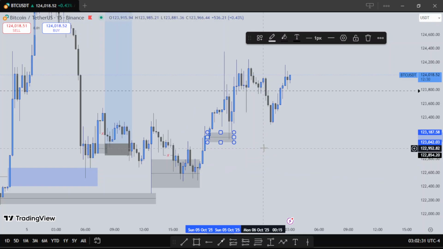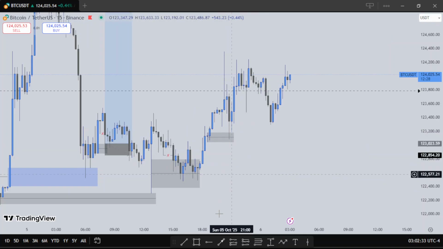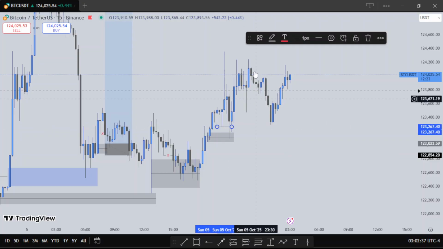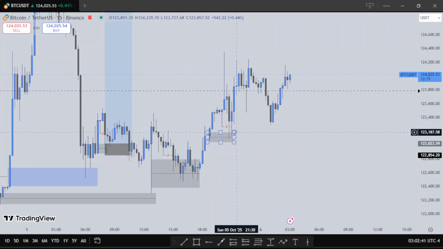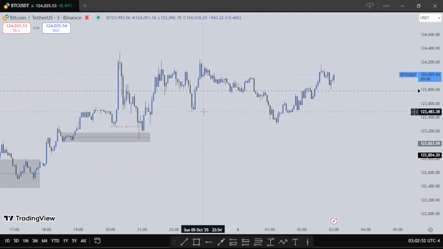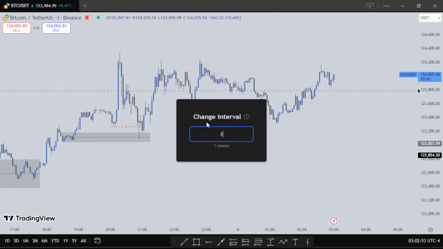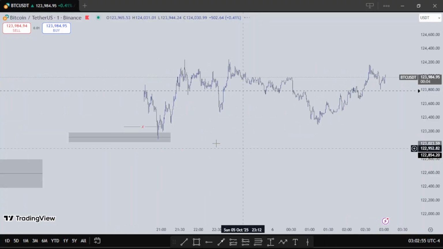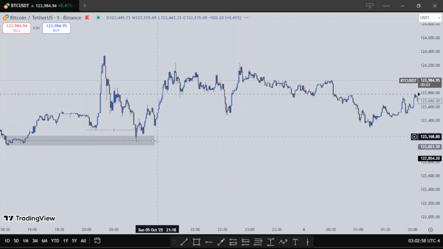So this was another entry that I missed out. I slipped by then. I could have just gotten this and held it. When I came to the charts, price had already made this move, which was on the 1 minute time frame.